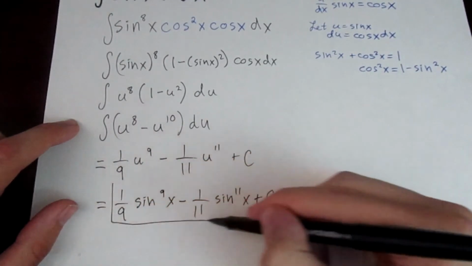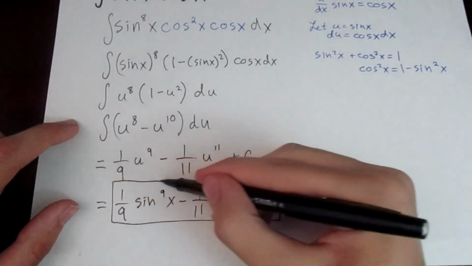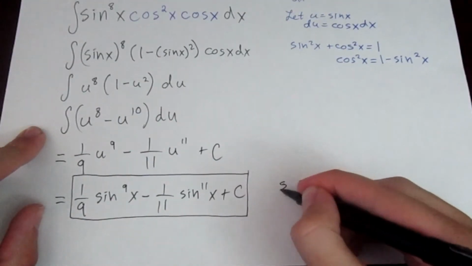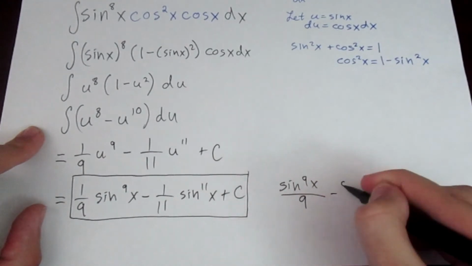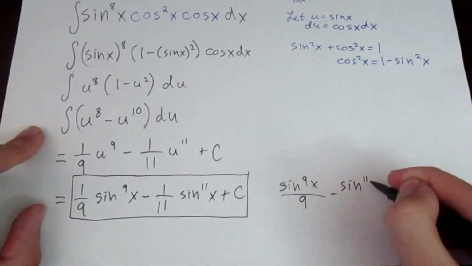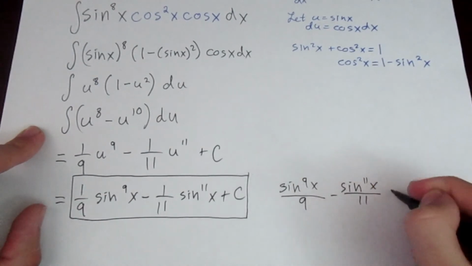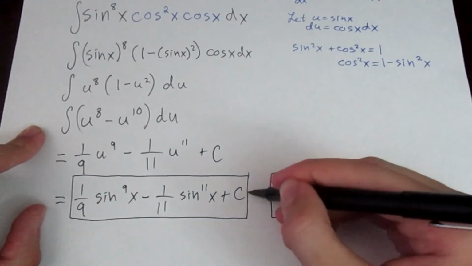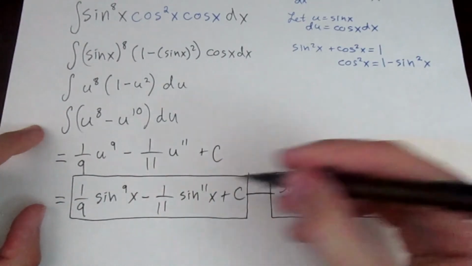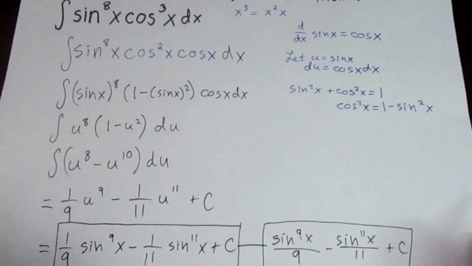That's a valid answer. It could also be written as sine to the 9th x over 9 minus sine to the 11th x over 11 plus c as well. These both are equivalent answers right here, and that's how you do it.